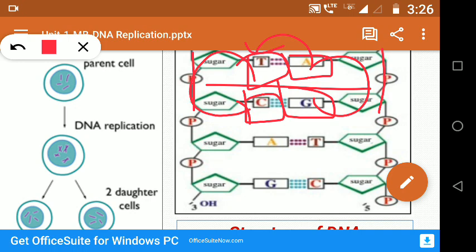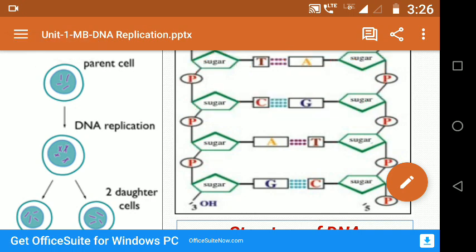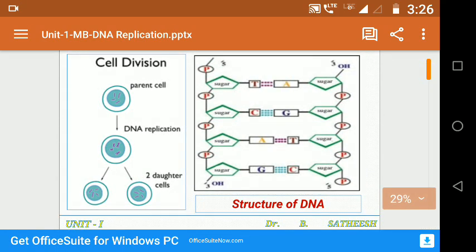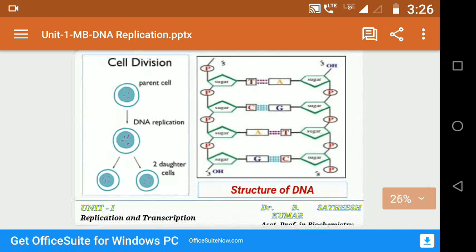If we know the sequence of one strand, we can easily predict the sequence of the opposite strand, because we know the base pairing rules, that is A base pairs with T and G base pairs with C. So this is about the double helical structure of DNA.